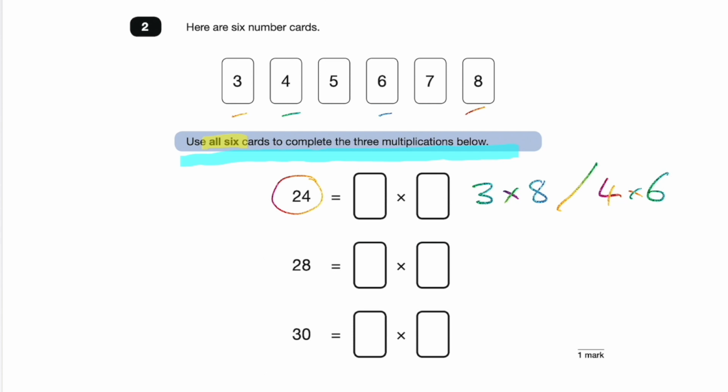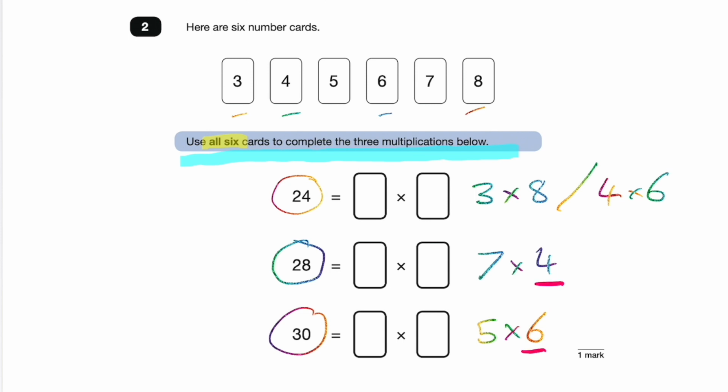Let's have a look at 28. How are we going to get to 28? Well, there's actually only one solution to get to 28. We would have to multiply 7 times 4. And then to get to 30, I would do 5 times 6. So because I've used my 4 and my 6 here, I now can't use this question.